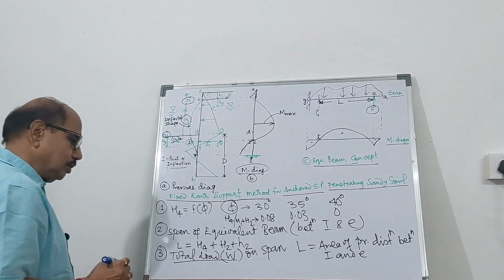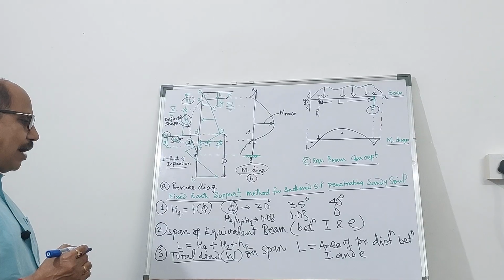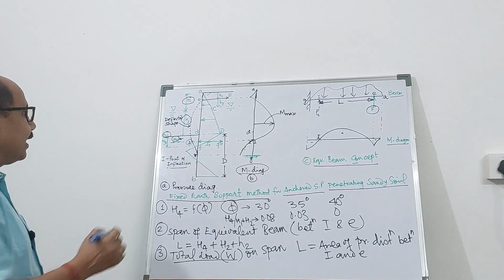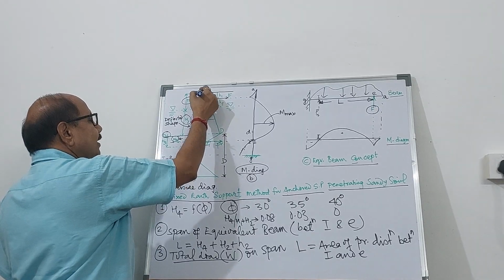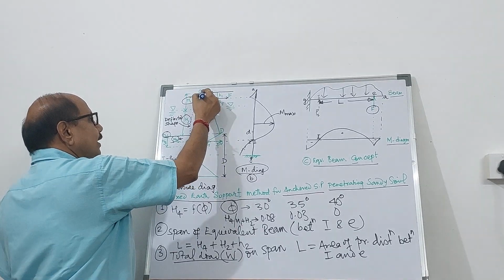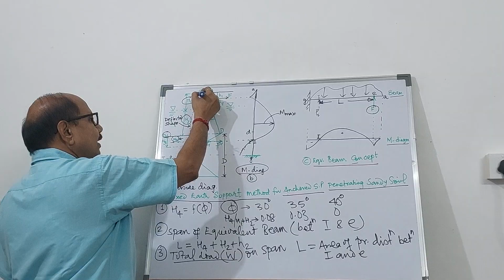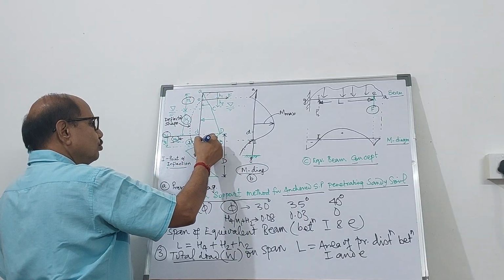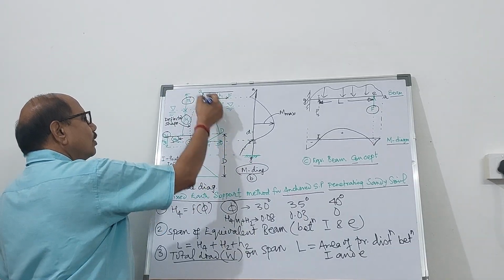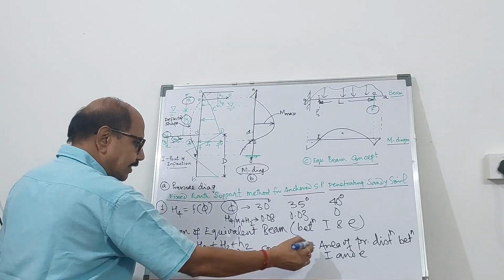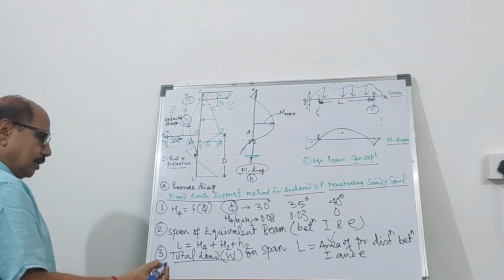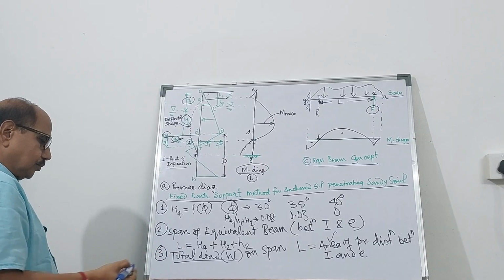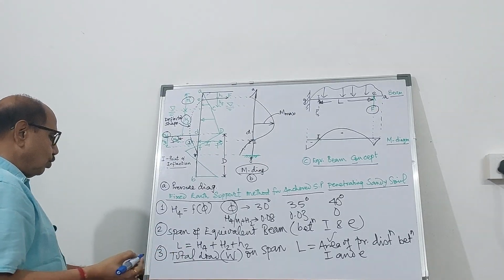So total load W on a span L is the area of this pressure distribution diagram. And for any given anchored bulkhead, you know the pressure distribution diagram, and therefore easily you can find out the area. Having got the area, you can find out the total load.